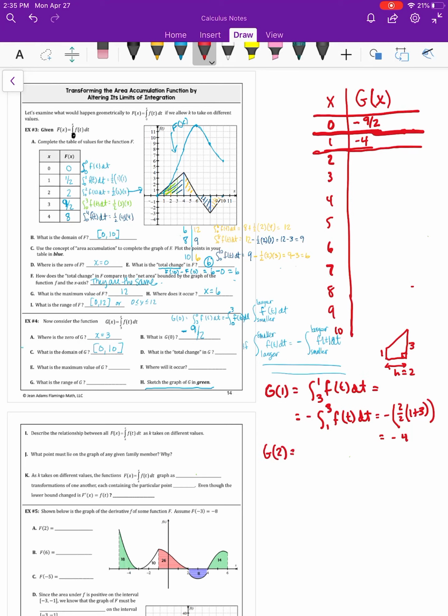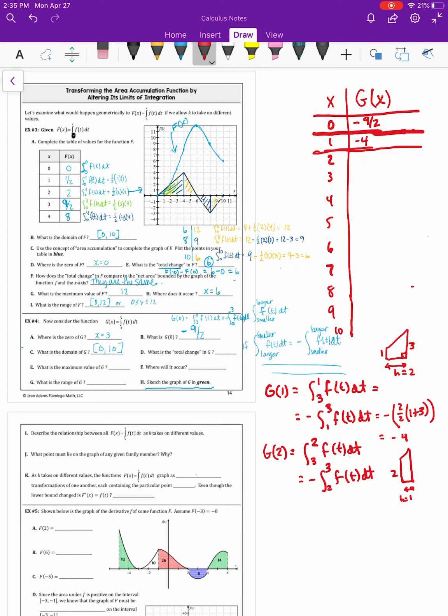So now let's do g of 2. This is the integral from 3 to 2, f of t dt. Hopefully you notice that you're going to have to take the negative of the integral from 2 to 3, f of t dt. And if I go from 2 to 3, I have another trapezoid. The height of this one is going to be 1.